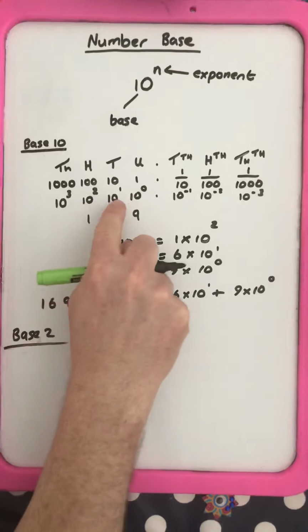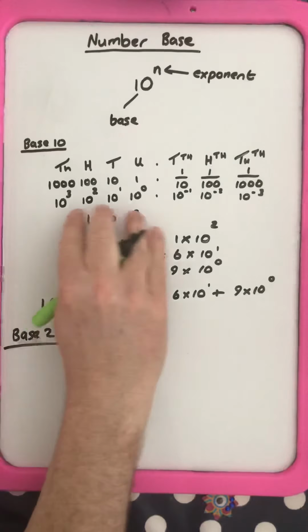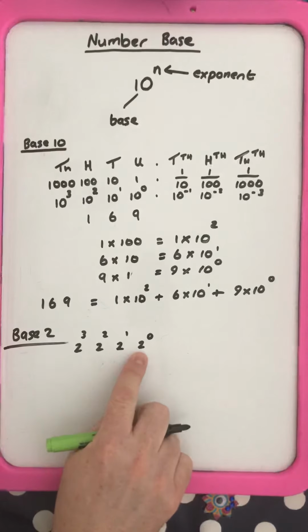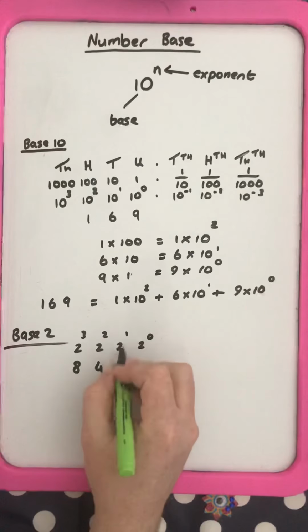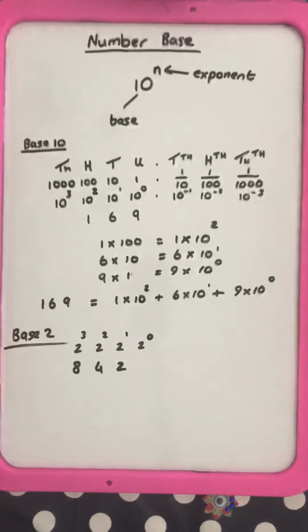Now notice how in this column here, it's still a ones column. Okay, 2 cubed is 8, 2 squared is 4, 2 to the power of 1 is 2, and that's still our ones column.